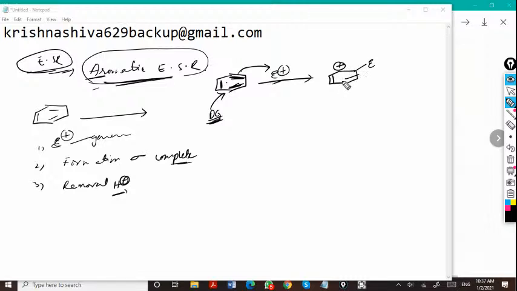When the carbocation forms, there is a delocalization possibility, so that it stabilizes.